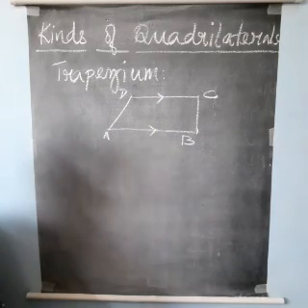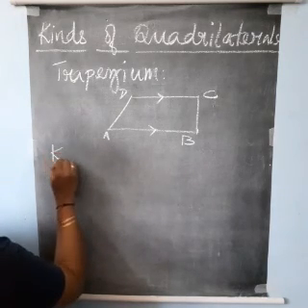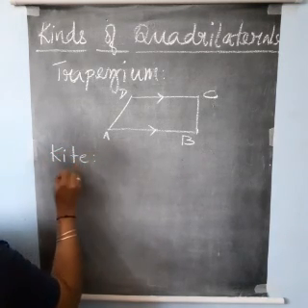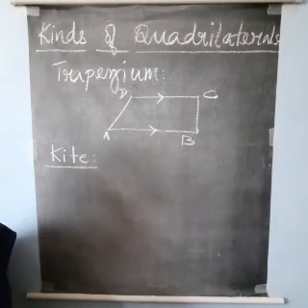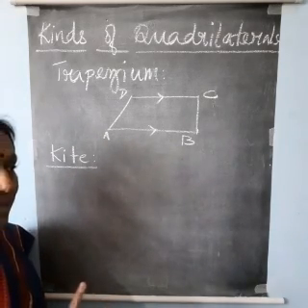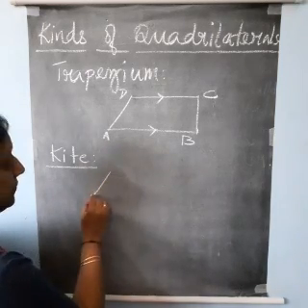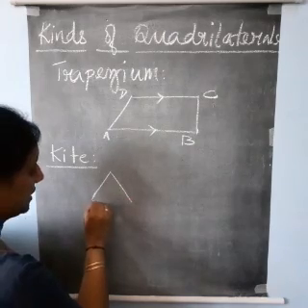The next type of quadrilateral that we are going to see, the special type, is kite. Now, a kite is a quadrilateral which has a pair of consecutive distinct sides which are equal. See, this is what I mean by what I said.